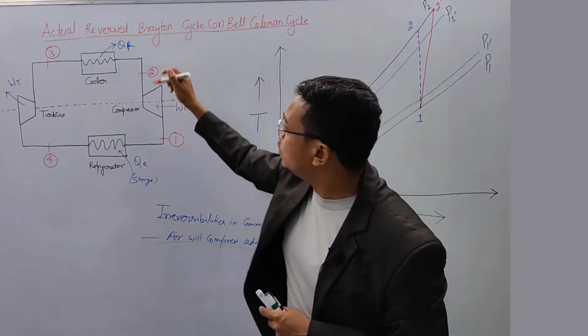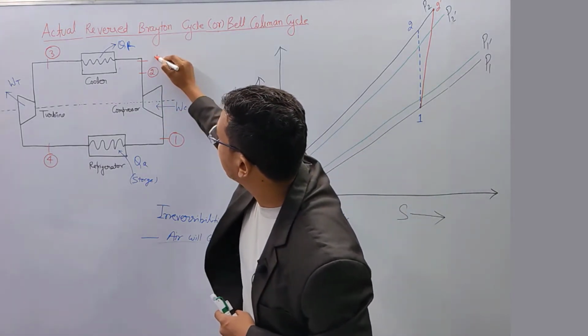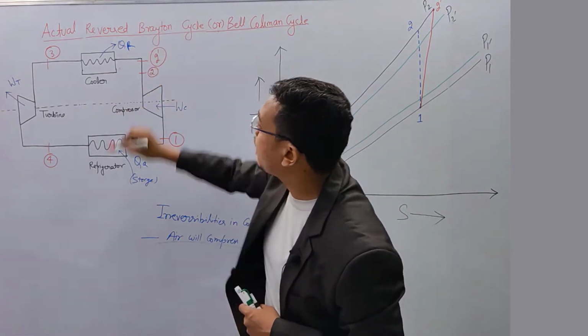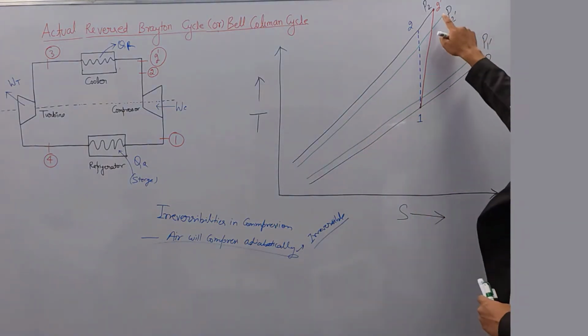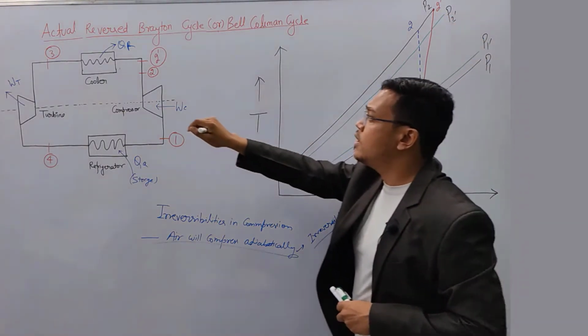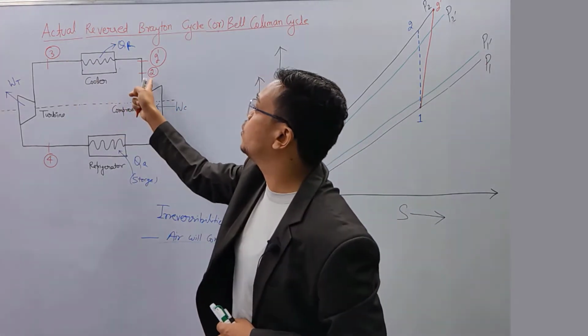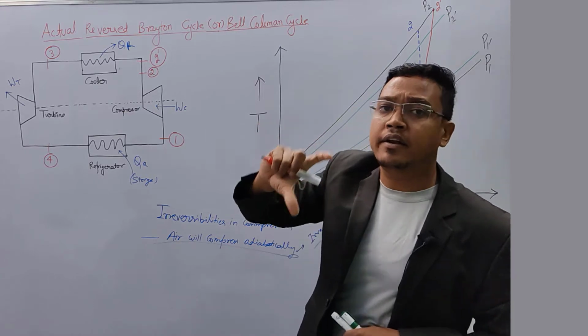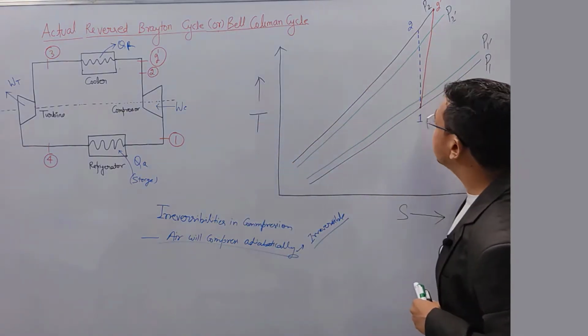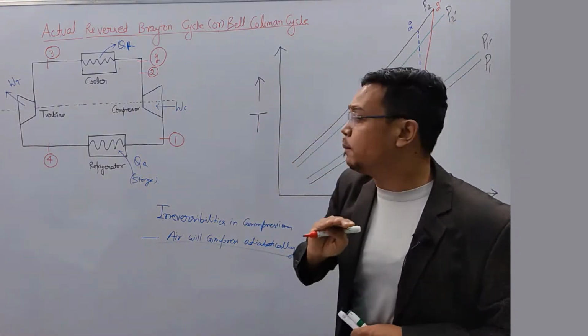Okay, now 1 to 2 dash. Now from point 2 dash to 3, now it is not point 2, it is 2 dash, because it is the actual cycle. This process is an actual process.